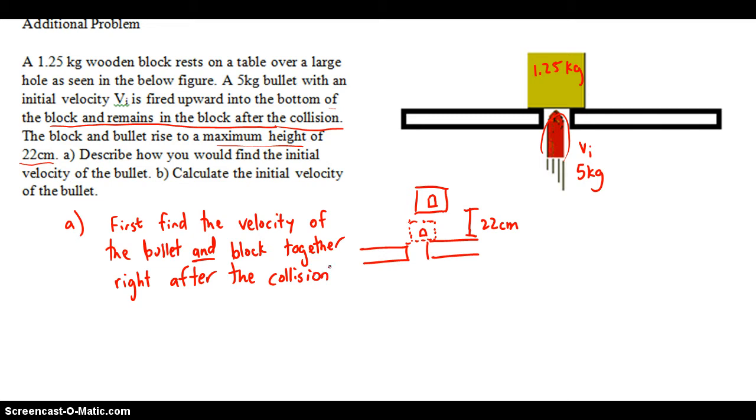We can solve this using energy conservation. There's actually a couple of ways we can solve this, but one way is that we use energy conservation.